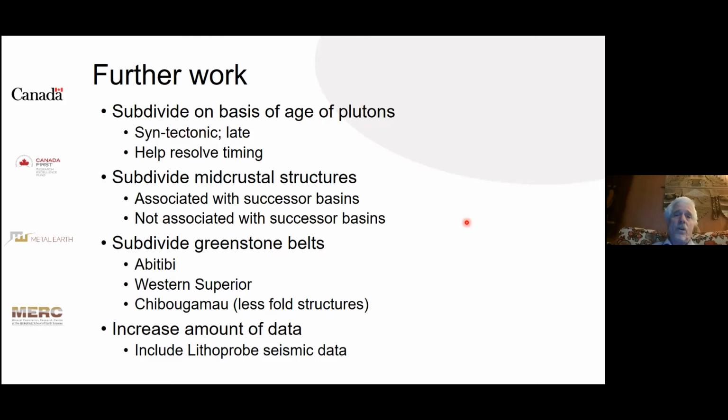We could also subdivide the mid-crust structures themselves. For example, some of them might be associated with successor basins, and some might not be. In that case, that might help us to understand the metallogenic importance of those particular structures.